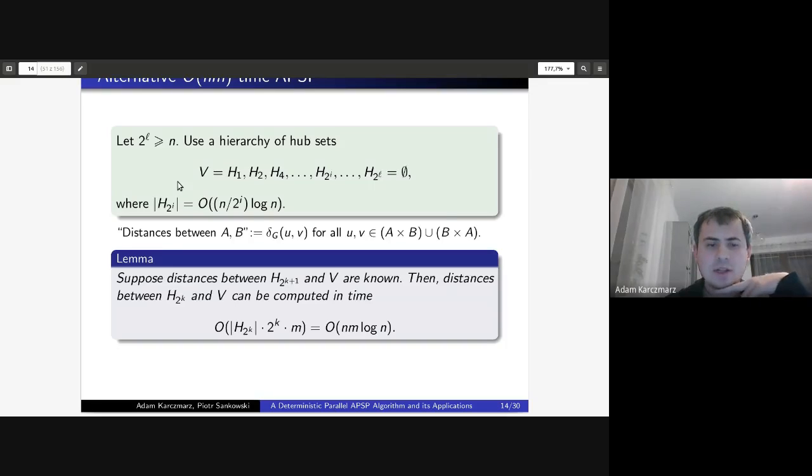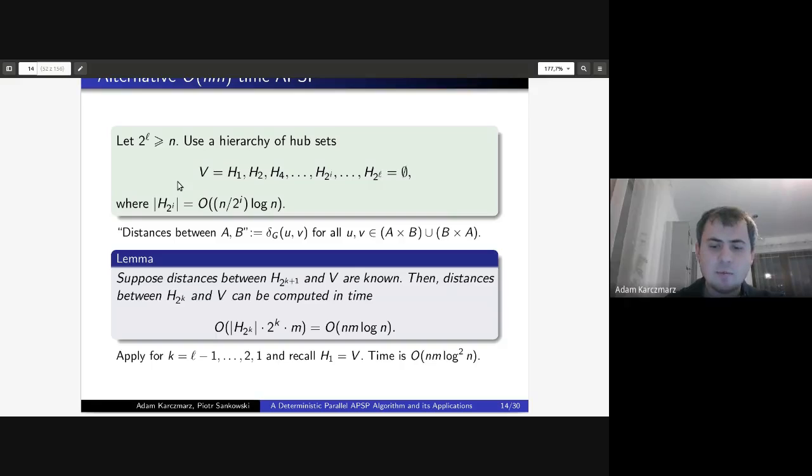Then we show that the distances between the 2 to the k hub set and V can be computed in time the size of the hub set times 2 to the k times m, which, given that the size of a hub set is n over 2 to the k log n, is nm log n.